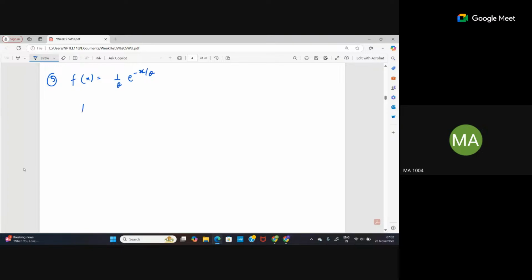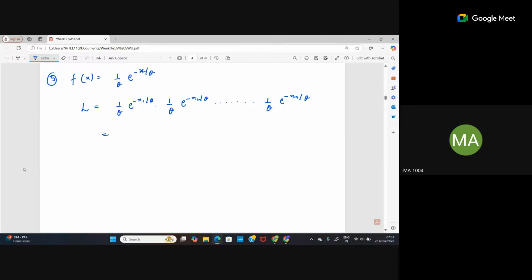Okay, and now we have to find out the likelihood function. So it will be 1 upon theta e to the power minus x1 divided by theta, right? Then for x2, 1 upon theta e to the power minus x2 by theta, up to n terms, so 1 upon theta exponential to the power minus xn divided by theta.